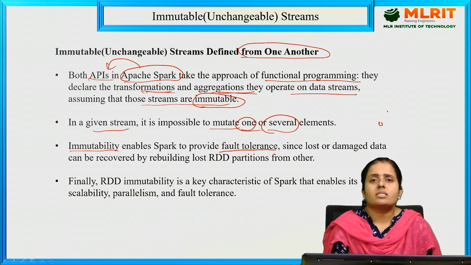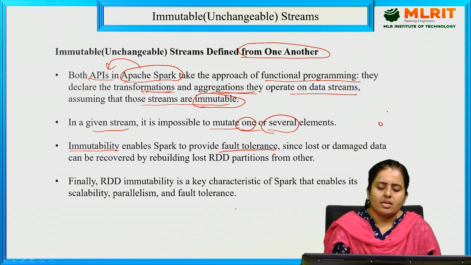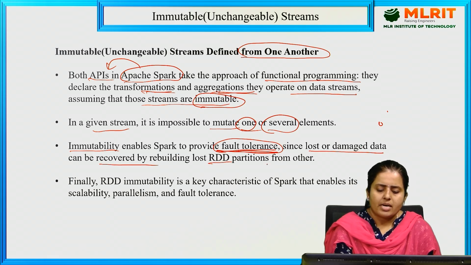Once the data is created, a duplicate of the data is stored with the master nodes, which we collect further. That is a functional and essential feature of Apache Spark, since lost or damaged data can be recovered by rebuilding the lost RDD partition from the other.